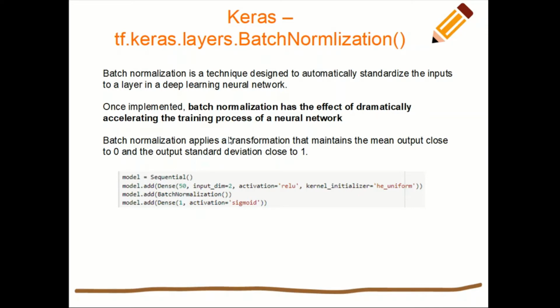Okay, and what we may have to do is bring them back to the same kind of range. So if you are applying batch normalization, it will try to reduce the mean to 0 and the standard deviation close to 1. That is what batch normalization does, and we will see this working in practice.